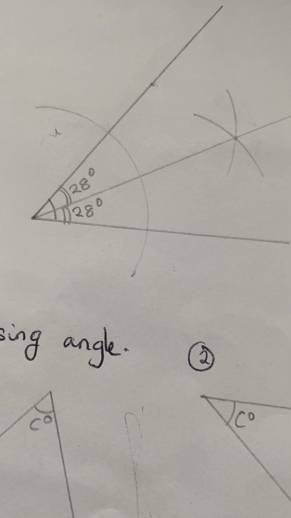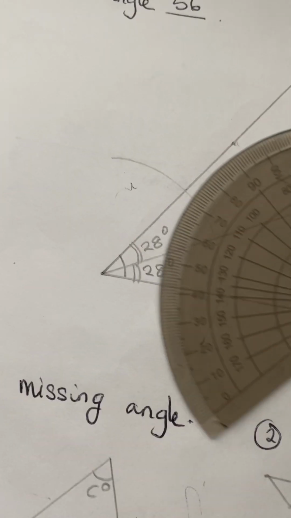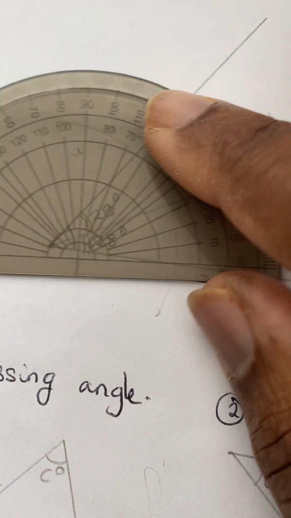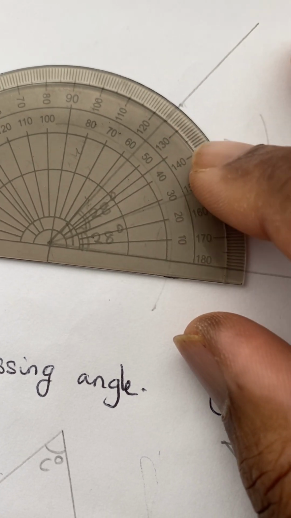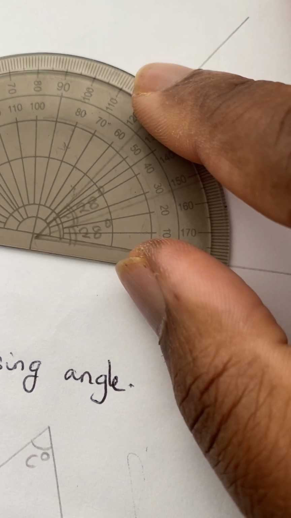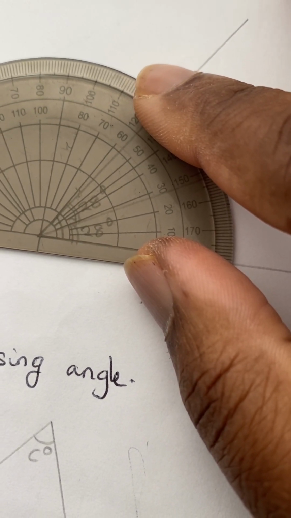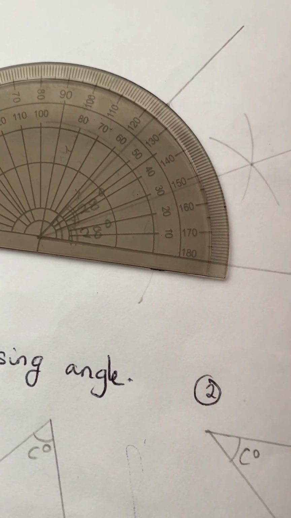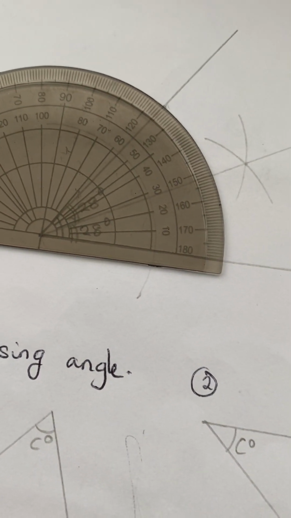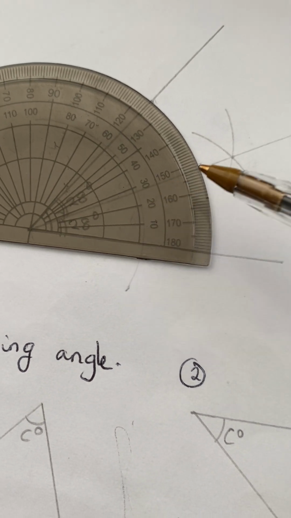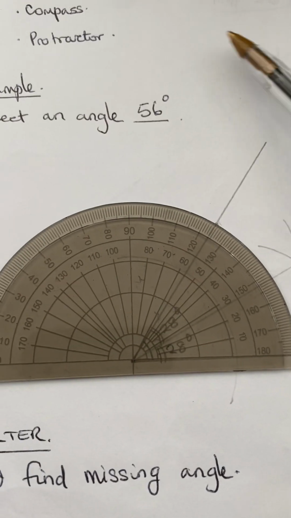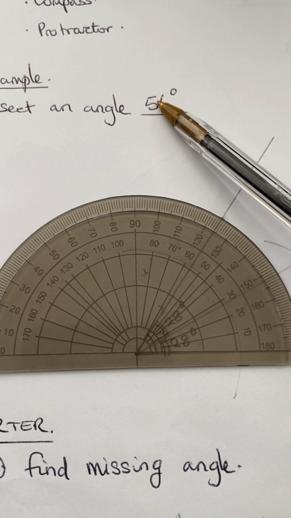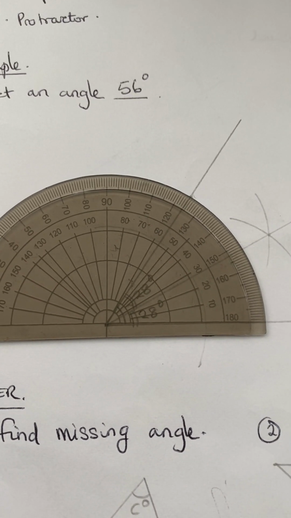So if you see the new angle we have now, I'll just measure one, because if one is 28, then the other one should be 28 as well, because we've measured the full one. So look at it. That is 30, but 28 is there, exactly on 28. So we successfully divided the angle 56 degrees to 28 degrees each.